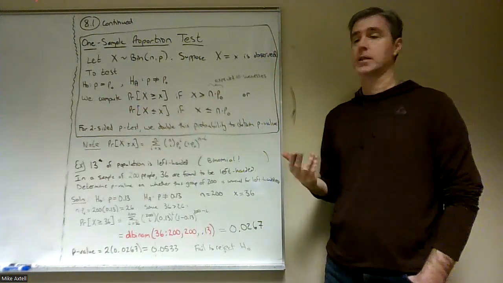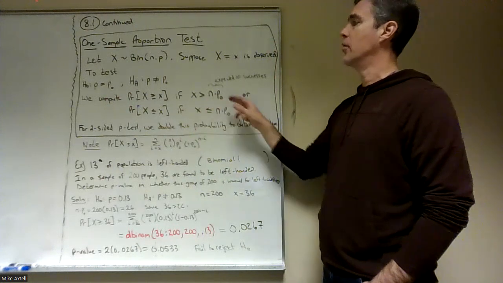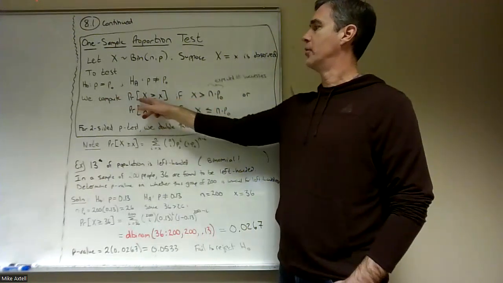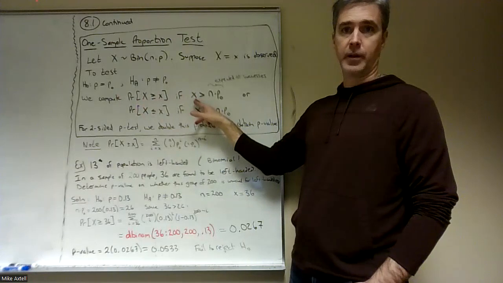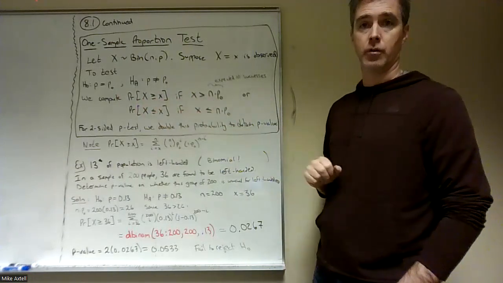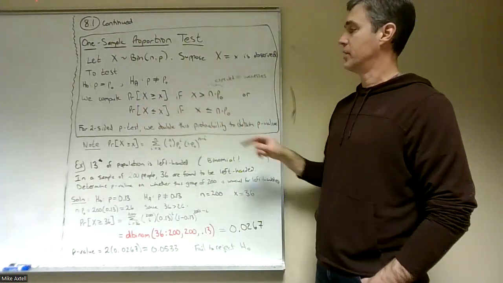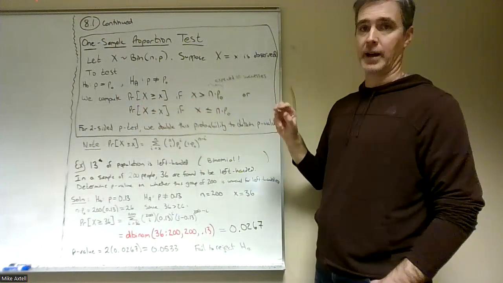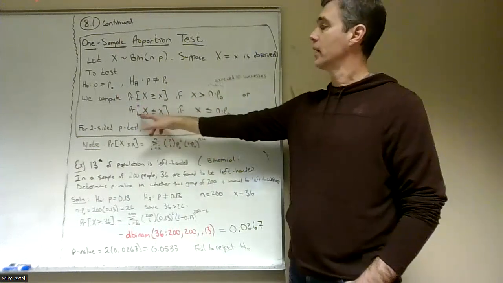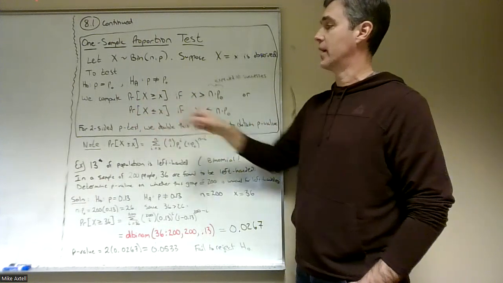successes you expect. So if x happens to be greater than n times p0, we're going to calculate the probability that we could be more extreme than x, which would mean even larger. But if x is less than or equal to n times p0, we're going to calculate the probability that our random variable can be less than or equal to that observed value.